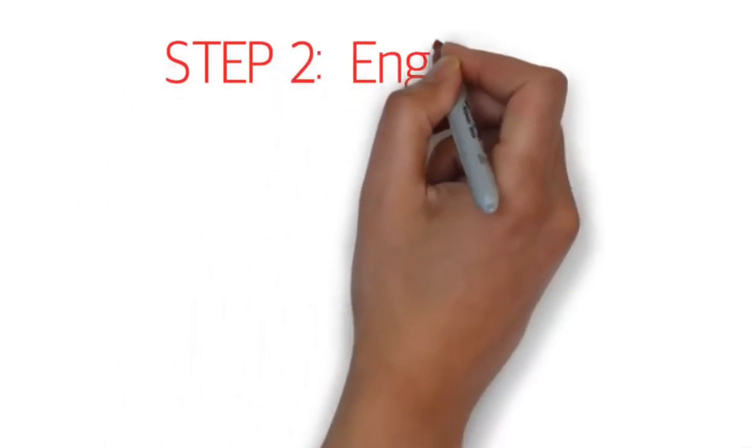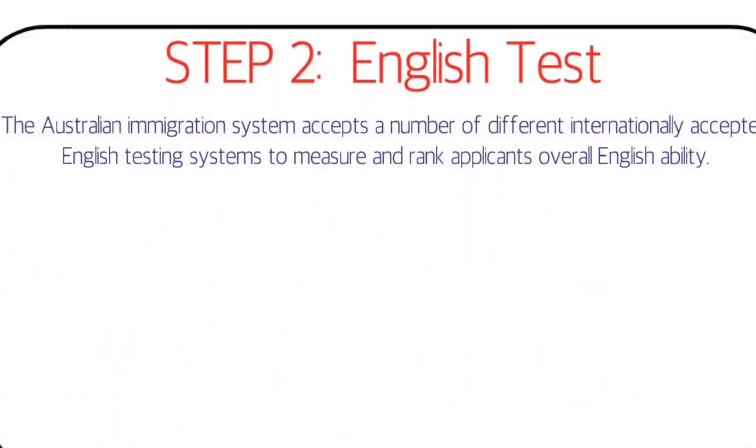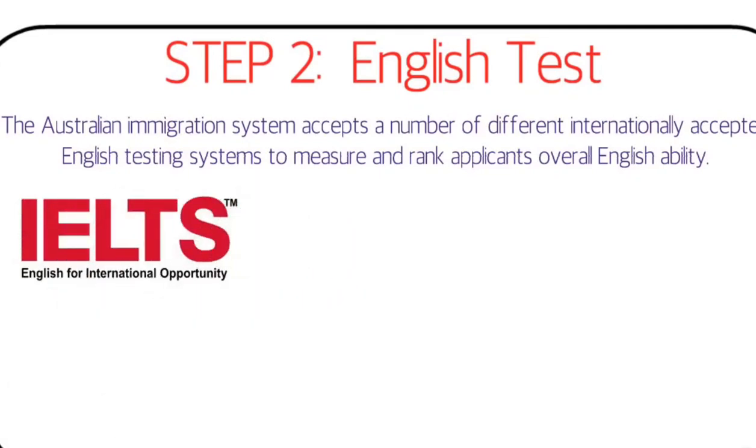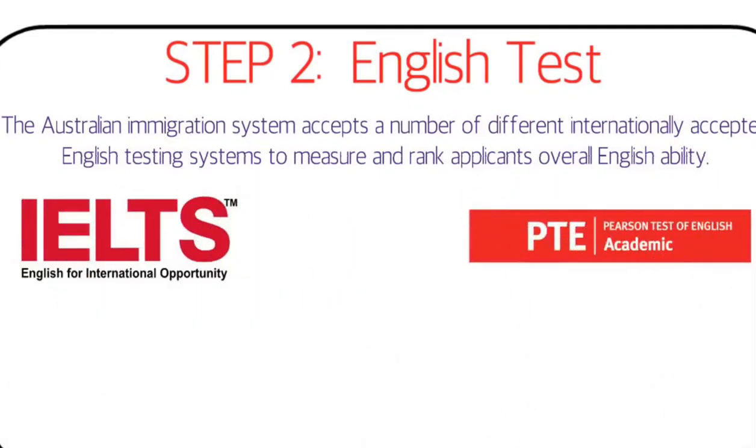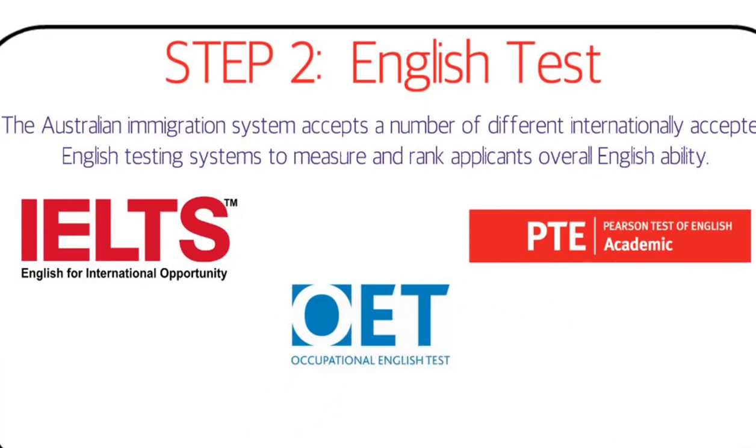Now let's talk about the second step, English test. The Australian immigration system accepts a number of different internationally accepted English testing systems to measure and rank applicants' overall English ability. So you can go through IELTS, you can appear for PTE Academic, you can appear for OET, which is Occupational English Test.